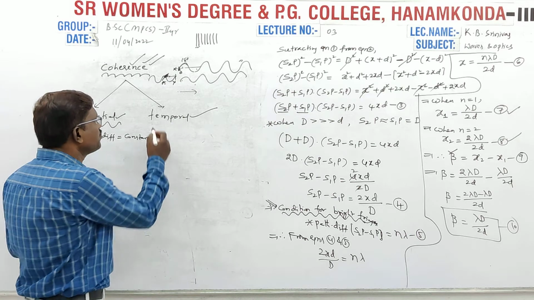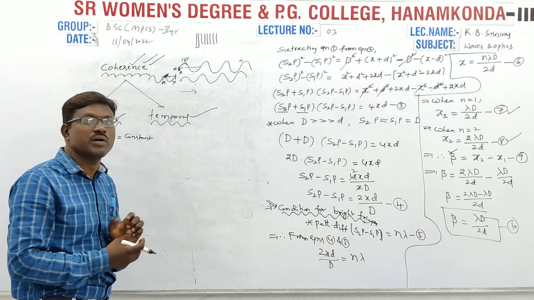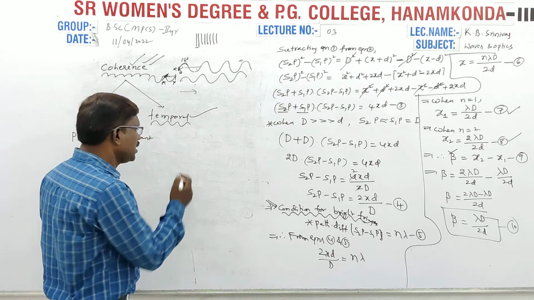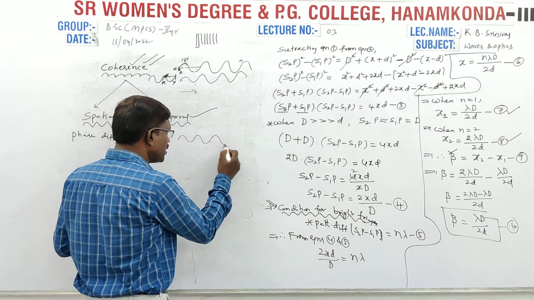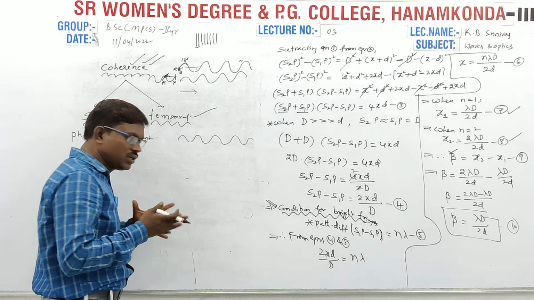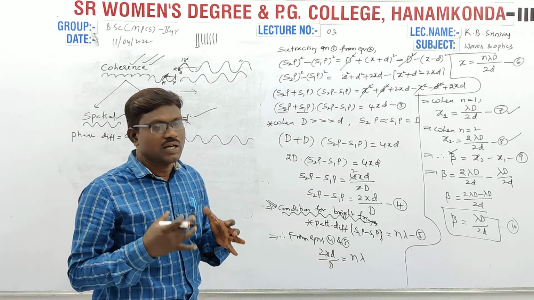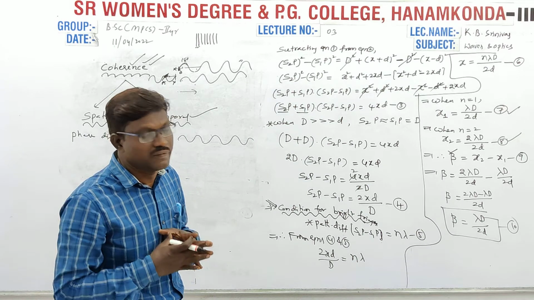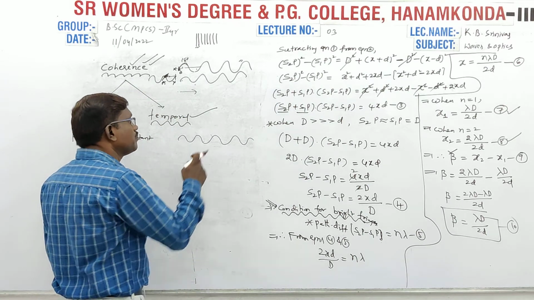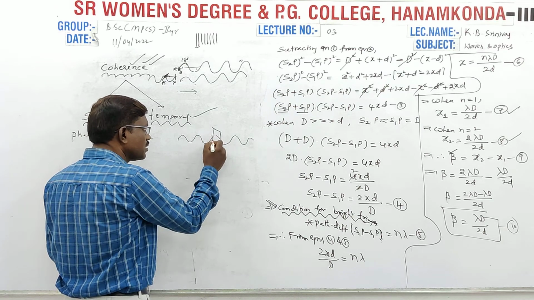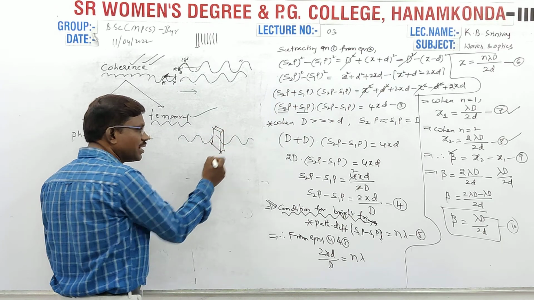Coming to temporal coherence. What is temporal coherence? See, this is the wave I am considering. I want to extend the distance traveled by the wave. How do we increase the distance traveled by the wave? Simply by introducing a transparent sheet like mica.